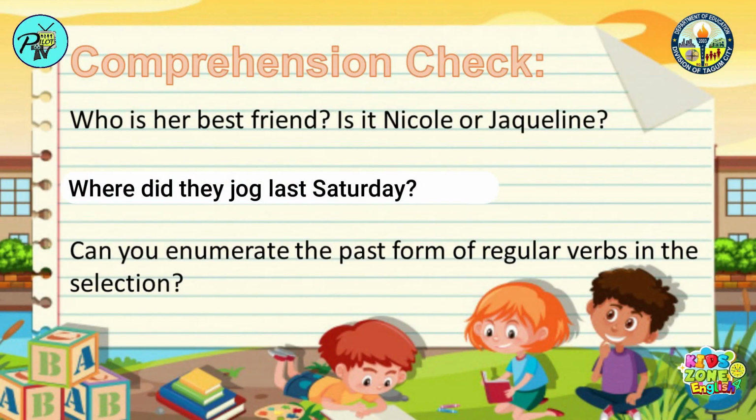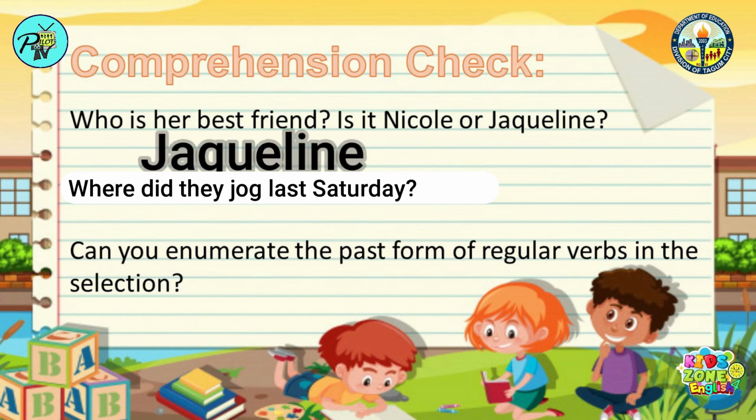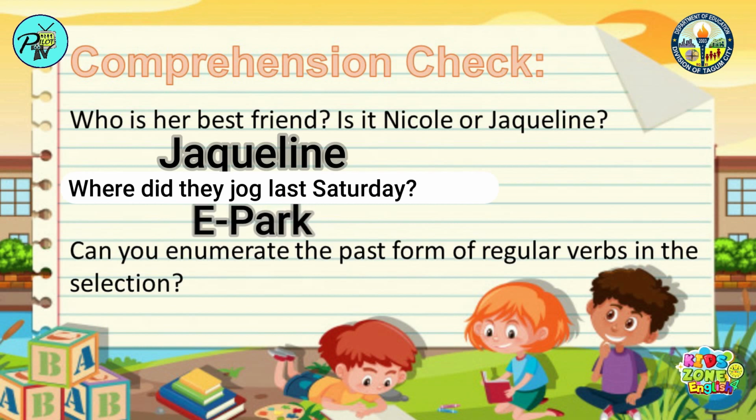Comprehension check. Who is her best friend? Is it Nicole or Jacqueline? Correct! Yes! Her best friend's name is Jacqueline. Number 2. Where did they jog last Saturday? Very good! They jogged together at E-Park.